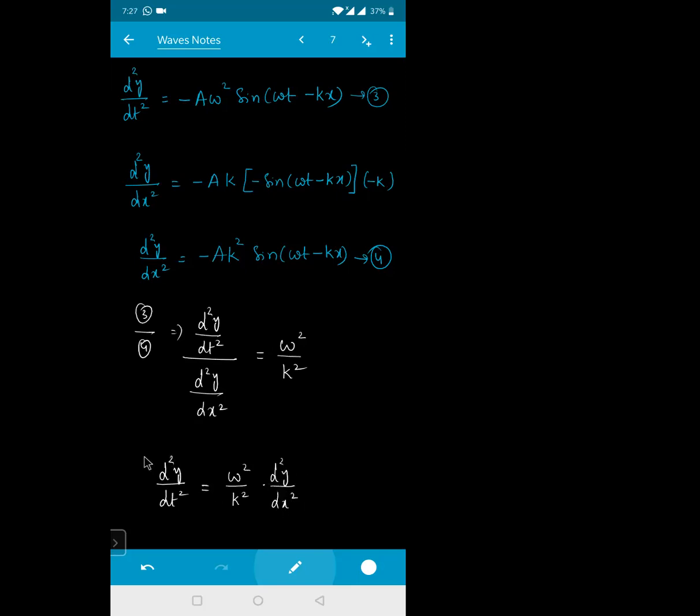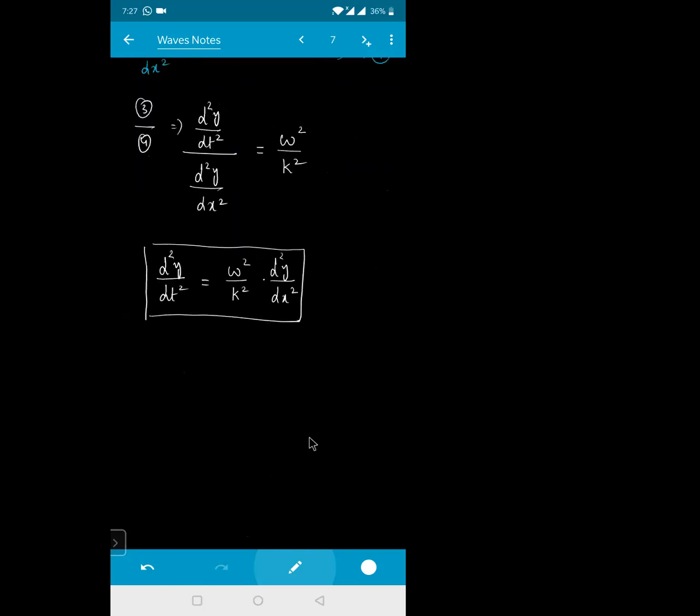Very important relation. If any equation is given and we are asked whether it represents a wave equation or not, it should obey this rule: d square y by dt square equals omega square divided by k square into d square y by dx square. Can anyone tell me what omega by k can be written as?